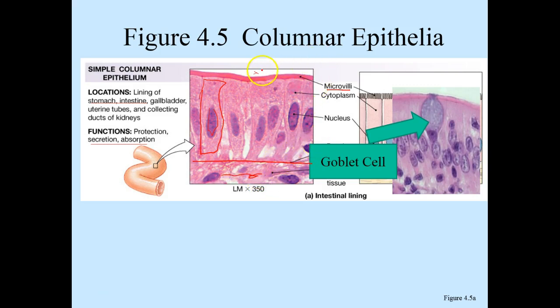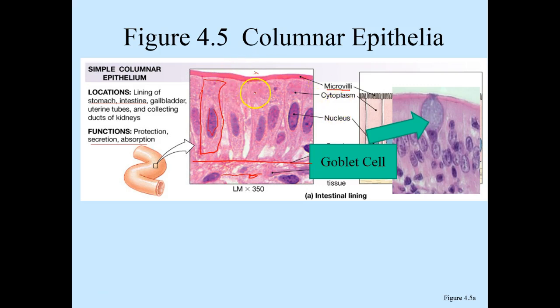So again, the free space, one cell column shape. So this is my simple columnar epithelium. This helps line my stomach and intestines, and it secretes and absorbs. In your intestines, this microvilli is there. It increases surface area, so we're able to absorb many nutrients in that part of the body.